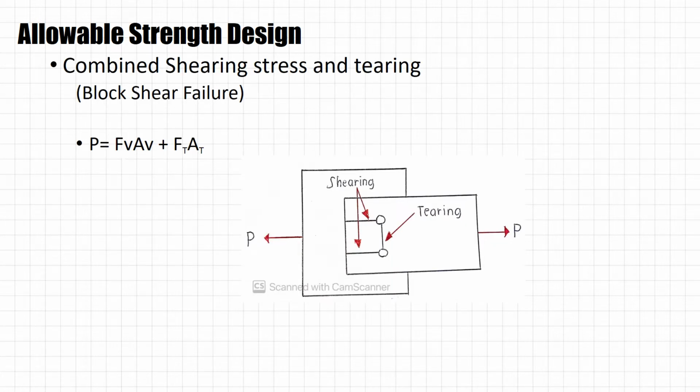And last, we have combined shearing stress and tearing or block shear failure. The formula is P equals FvAv plus FtAp.